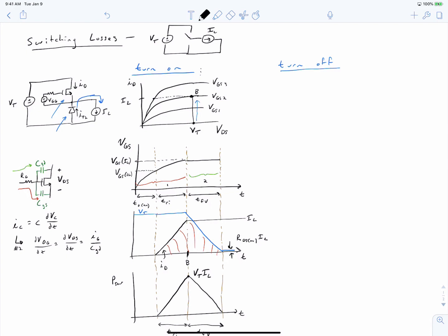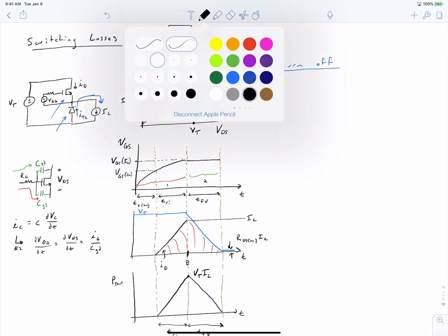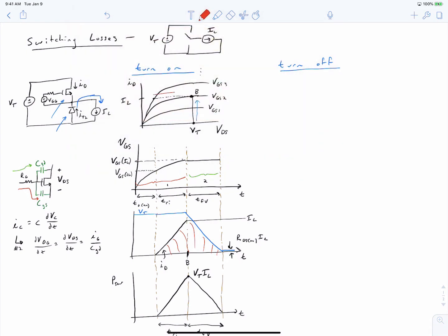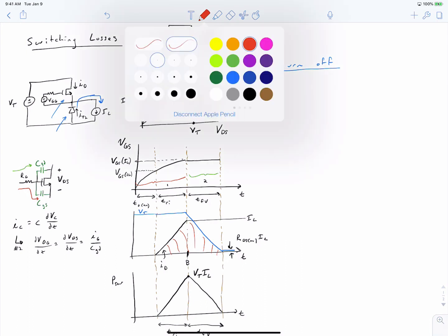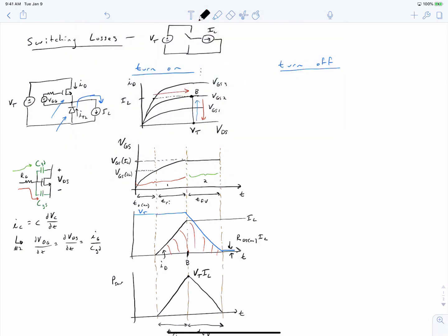So during the turn-off interval, we can maintain our same IV characteristics, and instead we'll note that we're going to be transitioning along this trajectory. And we'll sketch our voltage and current waveforms again.